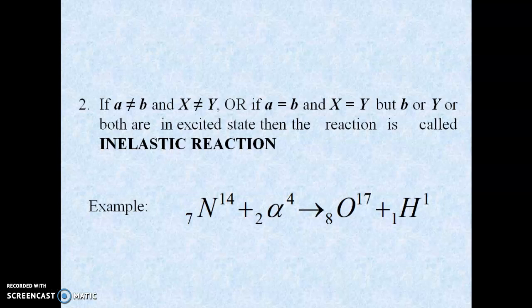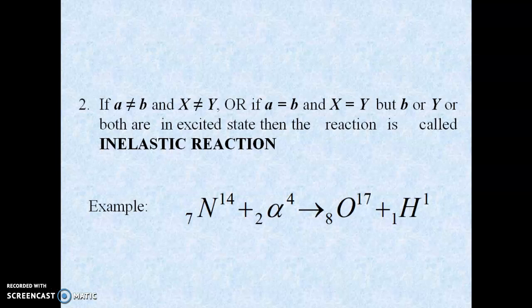Here the outgoing particle is different from the projectile. That means A is different from B. That is, the entrance channel and the exit channel are different. Here the residual nucleus has undergone some changes, that is, a compound nucleus is formed.